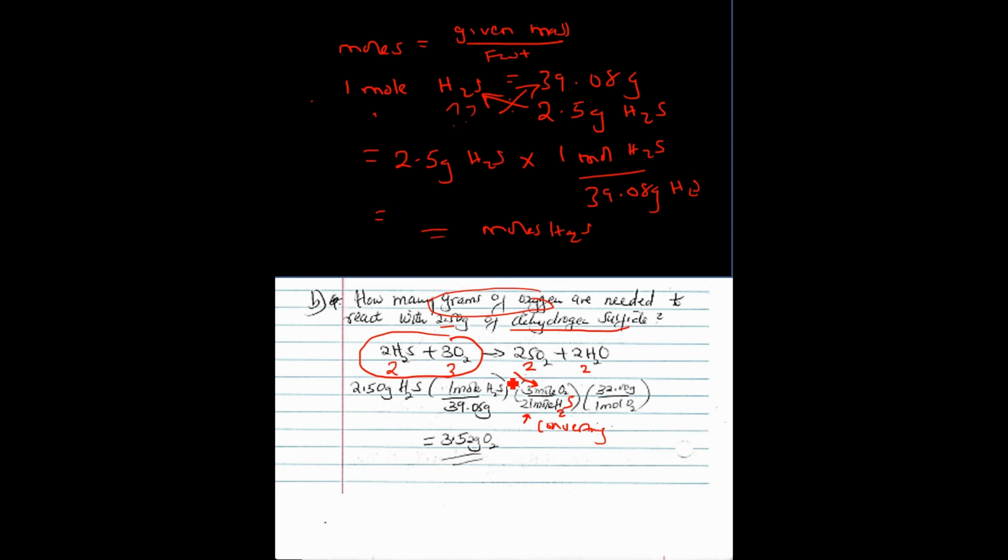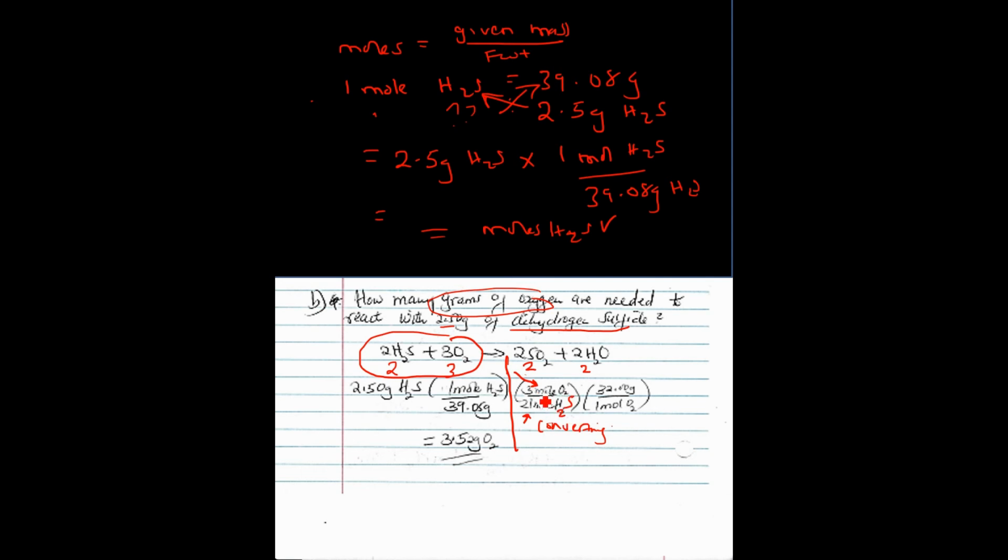That's the first part of your reaction. But your dihydrogen sulfide reacts with oxygen in a ratio of 3 to 2, so those moles are multiplied by the conversion factor: 3 moles of oxygen react with 2 moles of dihydrogen sulfide. That's why you have this expression here, 3 over 2.